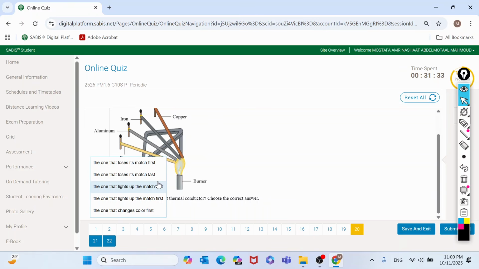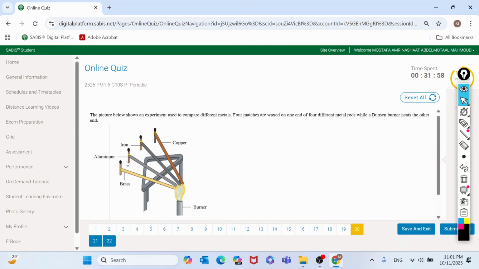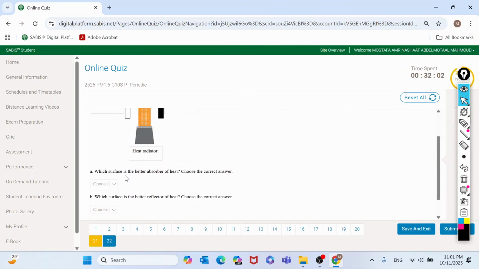No, because you need a flame to light the match. Changes color? That has nothing to do with color. Loses its match first? I think the heat would cause the wax sticking them to melt, so they fall off. Okay.